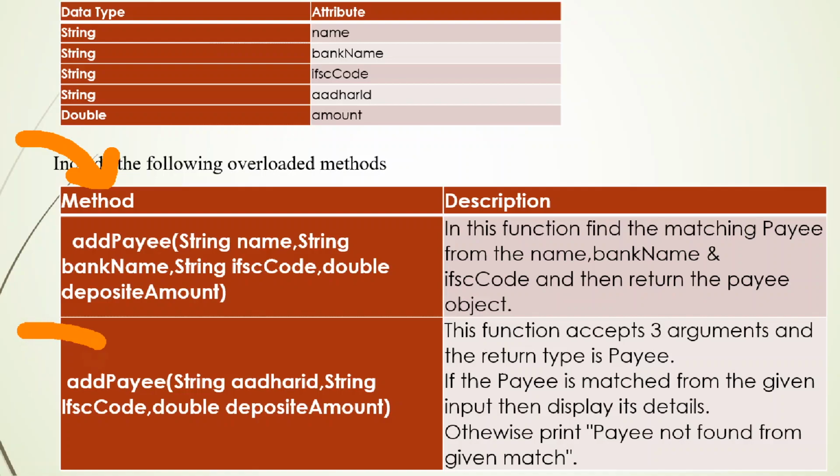Similarly, there is another method called addPayee with a string that represents an Aadhaar ID, then IFSC, then deposit amount. This method should interact with the Aadhaar ID and IFSC to update the amount.